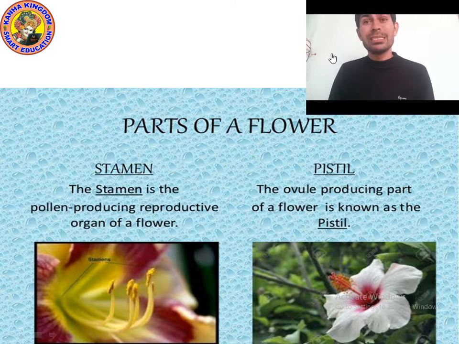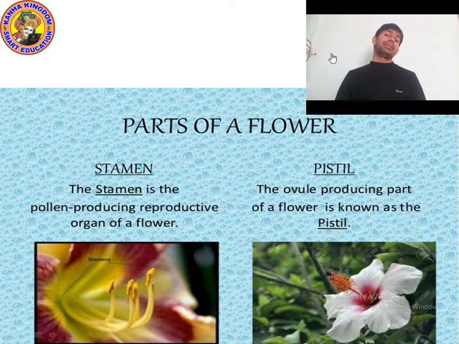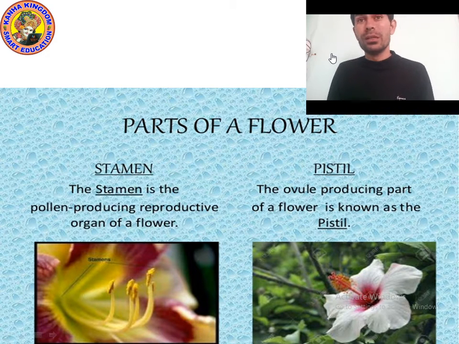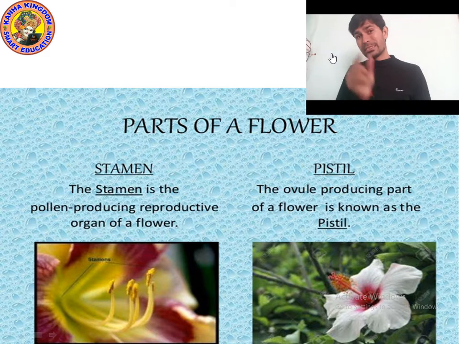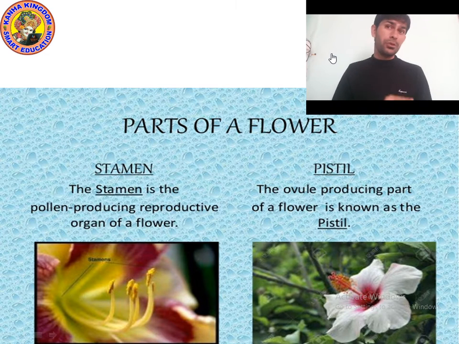Pollen present on the stamen contains male cell. So you might have seen the thread like structure inside the flower. Yes, which are actually stamen.